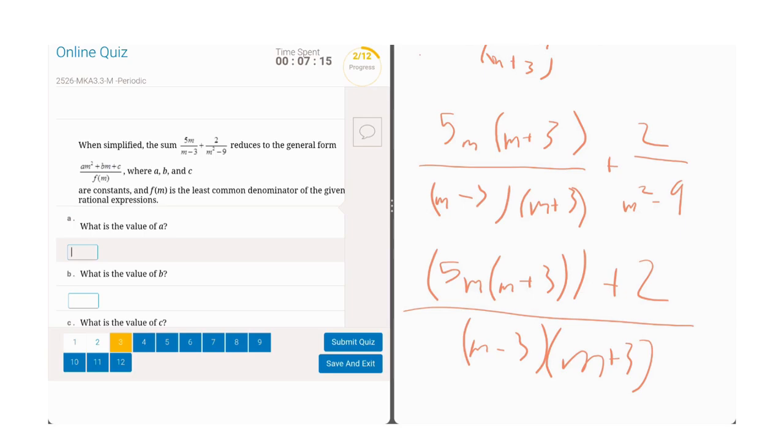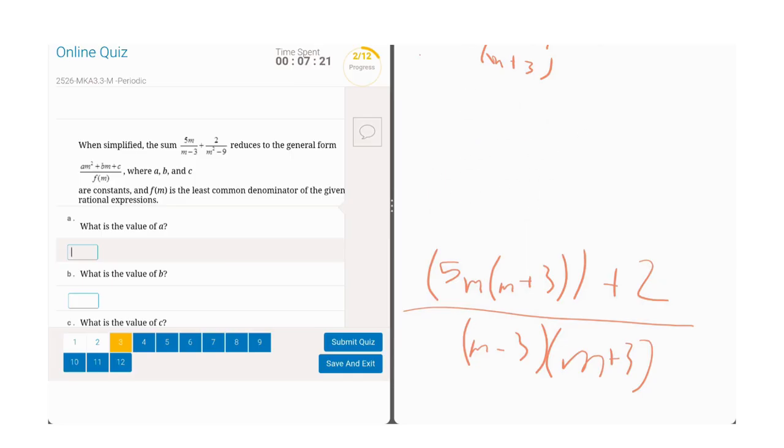So after this, we distribute first the numerator. 5m multiplied by m will be 5m squared, and 5m times 3 will be 15m, plus 2 over m minus 3 over m plus 3.